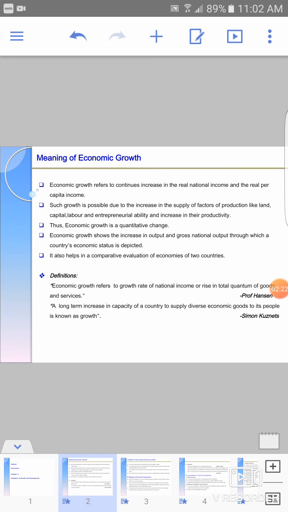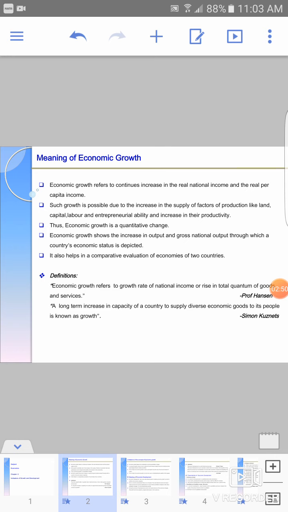Okay, so what do we understand by this is economic growth is related with increase in national income and the per capita income, and there is also an increase in the supply of factors of production, right, land, labor, capital and entrepreneurial ability, and there is increase in their productivity, that is factor of production's ability will increase.